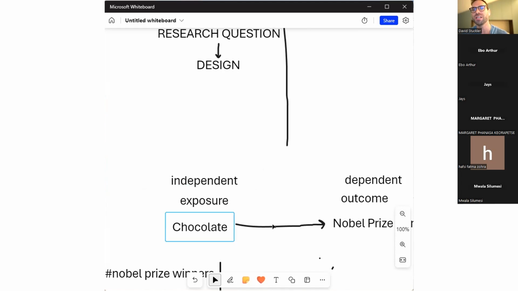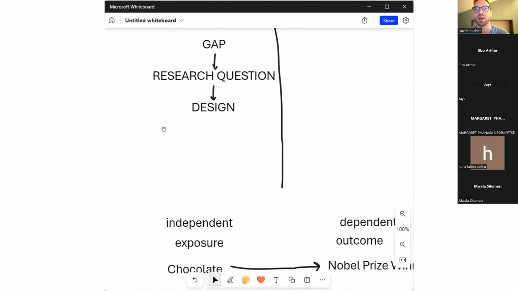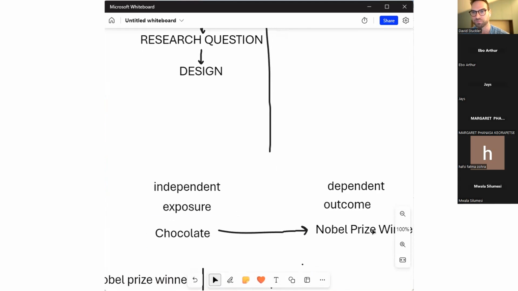So all of you need to understand this direction and already have an idea. This comes back to your research question and the design you're going to set up. What is causing what? In this case, the way we've set it up, we think eating more chocolate somehow makes you more intelligent and is going to drive more Nobel Prize winners in a country. I hope that makes sense.